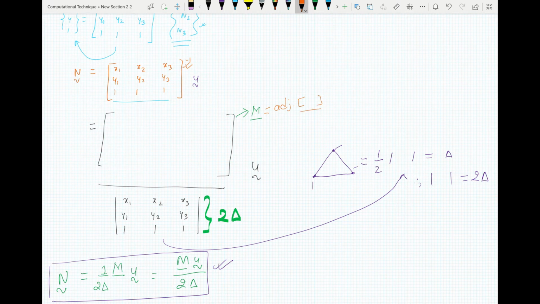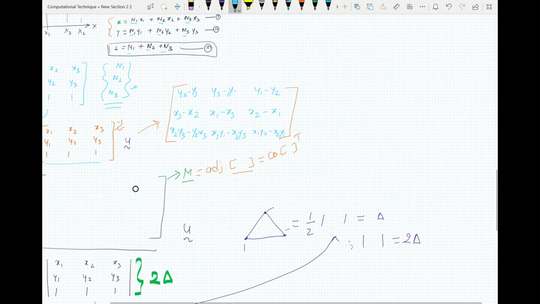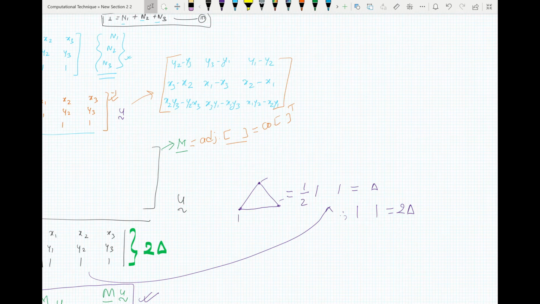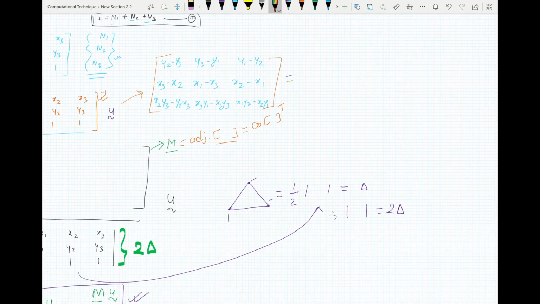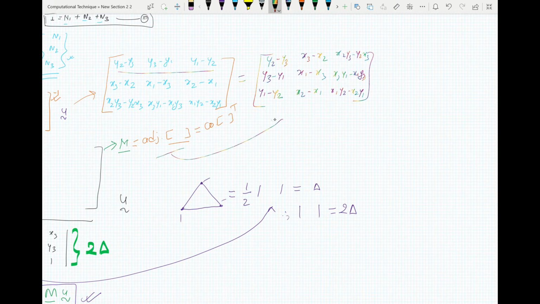The adjoint of a matrix is the transpose of the cofactor matrix. Now the cofactor matrix is given by minus x2 y1, and so on. This is the cofactor matrix. If you want to find more on the cofactor matrix, please look at it yourselves. Now we have to find the transpose of this one, which means that we exchange rows and columns. Now this is our adjoint matrix. And this is our matrix M.